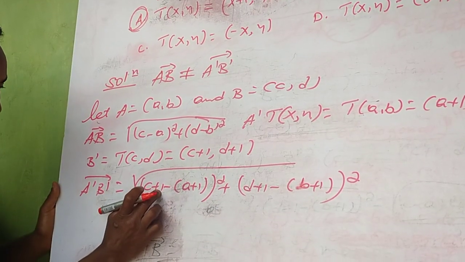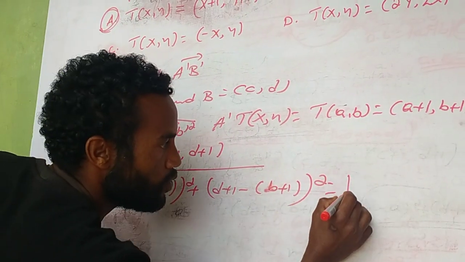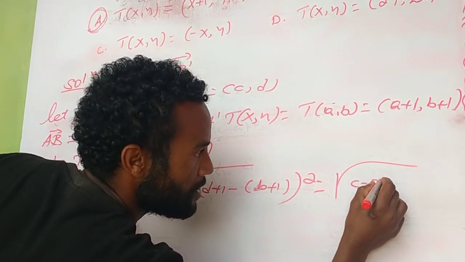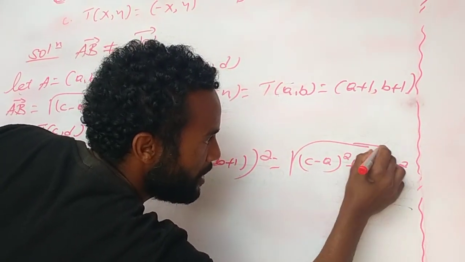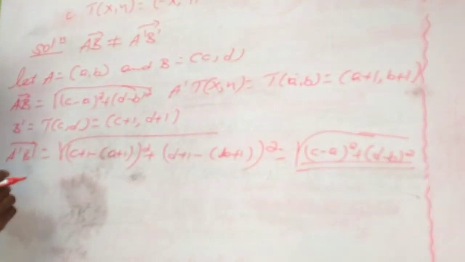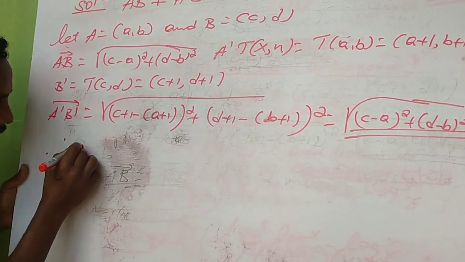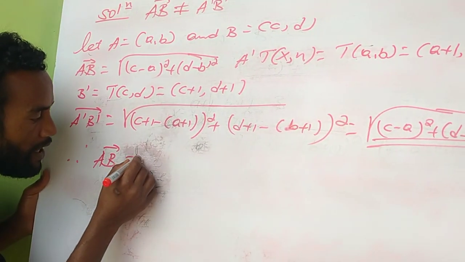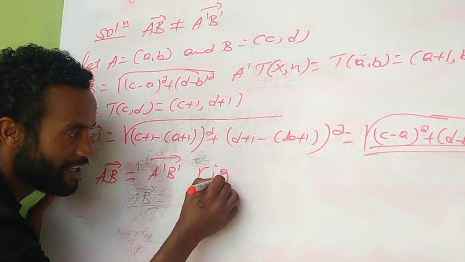That means 1 minus 1 is 0. So it equals the square root of (c minus a) the whole square plus (d minus b) the whole square. This is the distance of A prime B prime. Therefore AB equals A prime B prime. This is known as rigid motion.